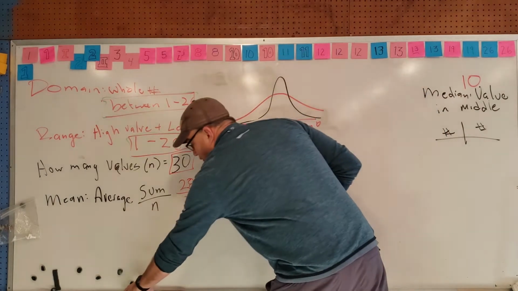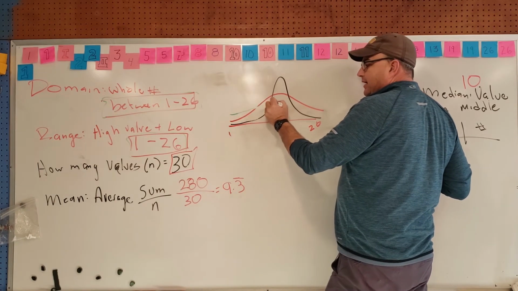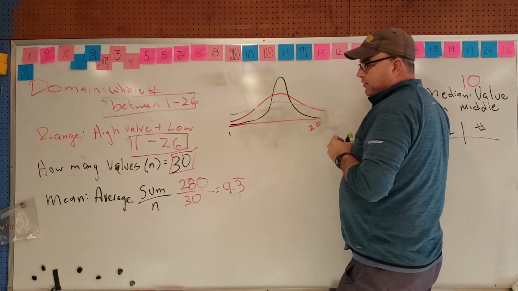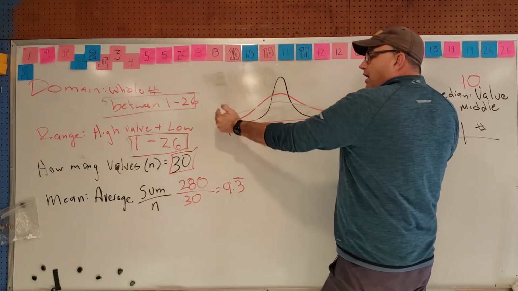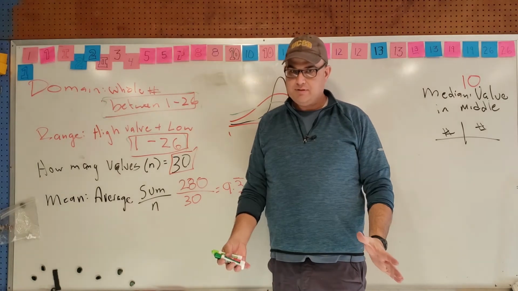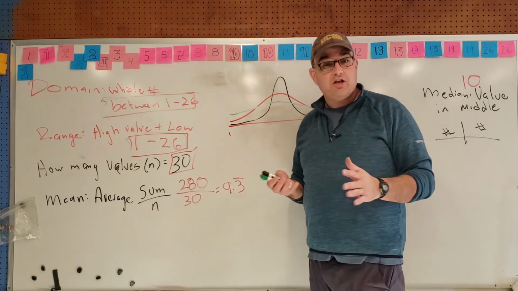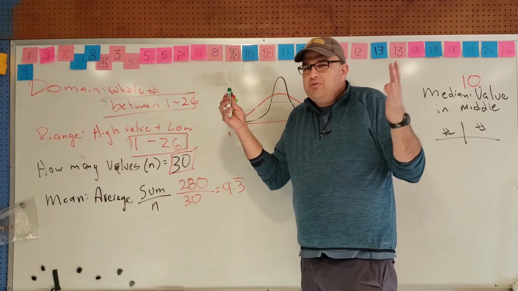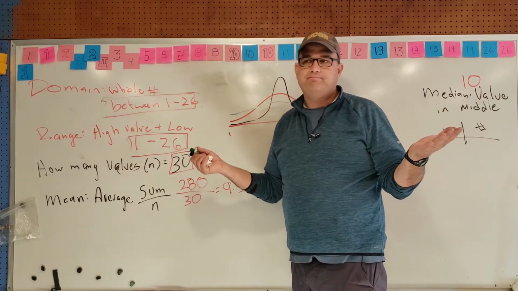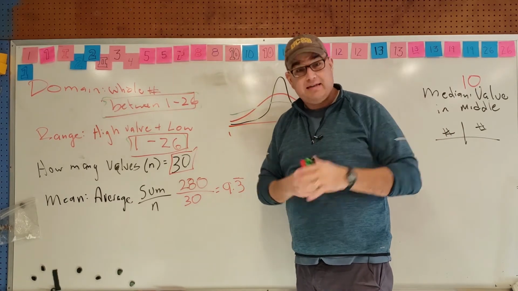You could have even one more that looked even funkier, that was kind of high and went up there in the middle. So how far out are these distributed? That's where the standard deviation comes in. So we're going to have our mean, or our average. How far out do you need to get a certain, I don't want to say quantity, I don't want to say percentage, but to fit within that standard deviation.